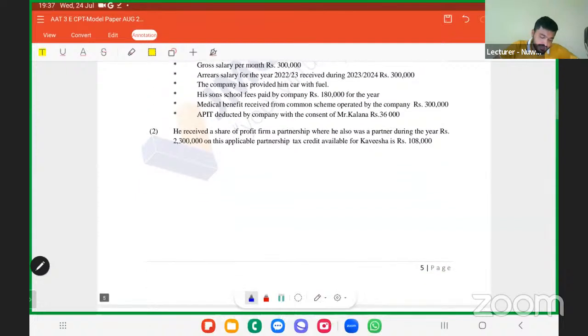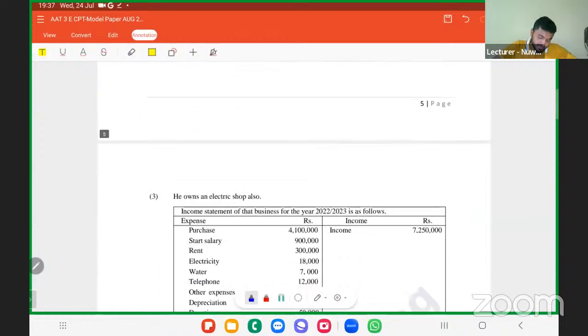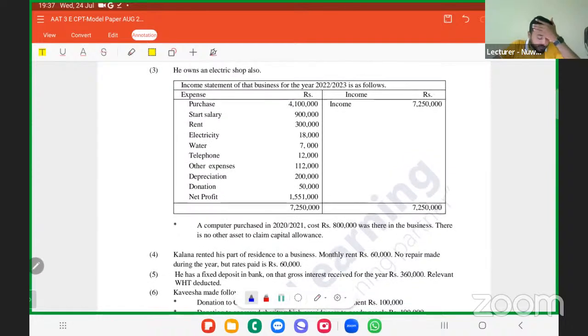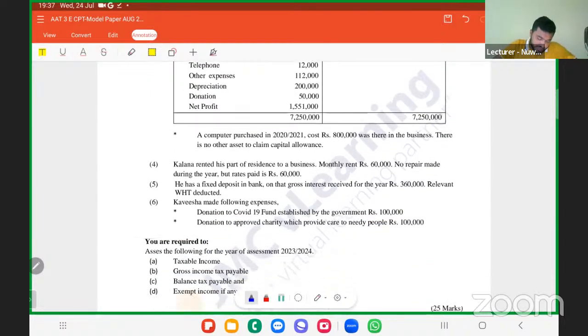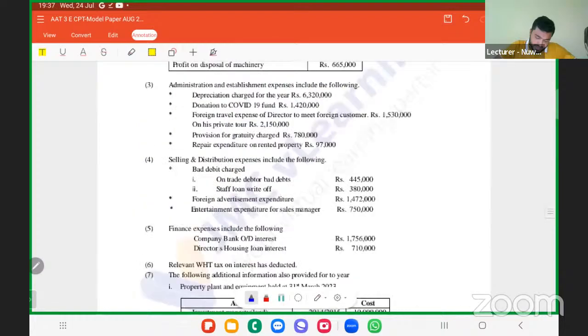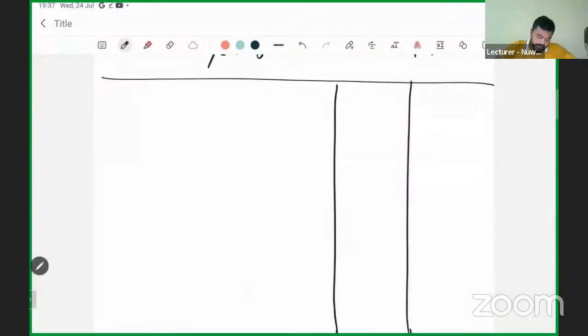The employment income is there. Then there is a business income, isn't it? The partnership, and there is also a separate business. Then investment income is there. So all the income applicable to the individual is there.